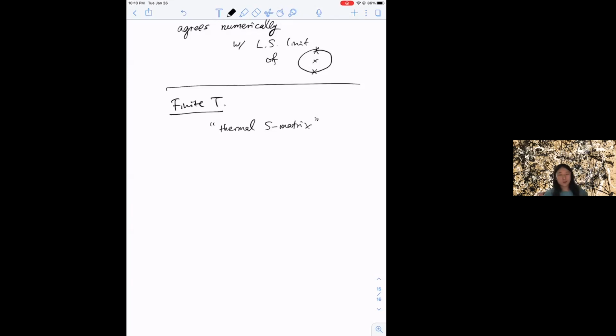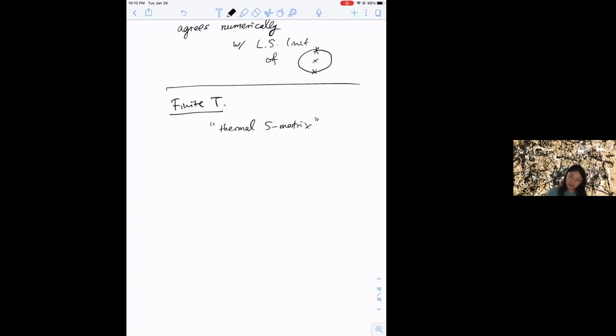Now, normally in a quantum field theory at finite temperature, you don't expect to have a well-defined S matrix, because the idea of asymptotic states may not make sense if you have a thermal bath. But the c=1 string theory is a little special, because in the asymptotic region the coupling constant dies off exponentially. So even if you turn on a thermal bath, you would imagine that in the asymptotic region the asymptotic particles do not interact with the thermal bath. So you can potentially define a finite temperature S matrix.